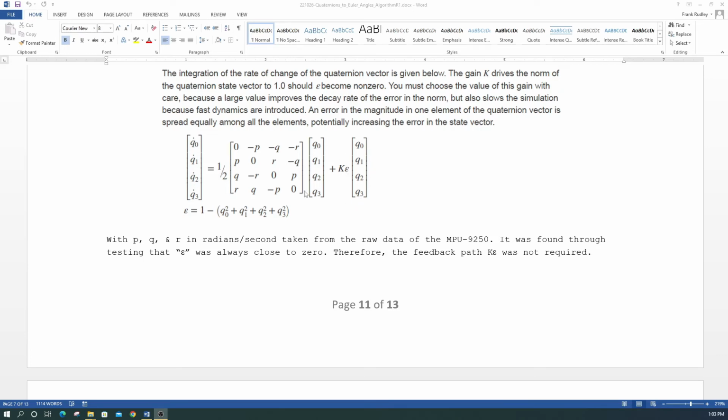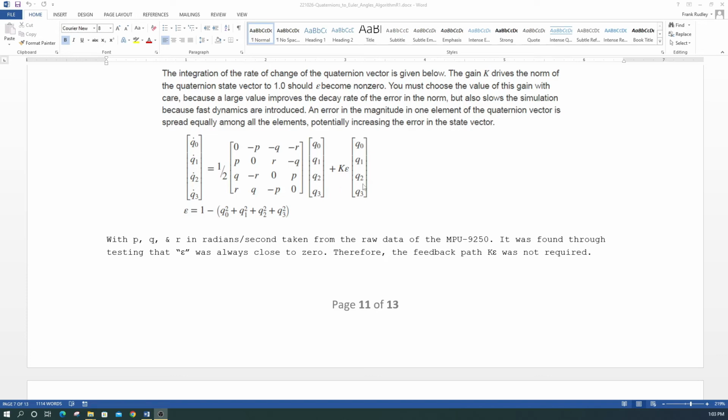The quaternions come out of pitch, roll, and yaw rate, and in nature, the sum of the squares of these is always going to be equal to 1. So I found I didn't really need this part in my algorithm, so I just made k 0 here.